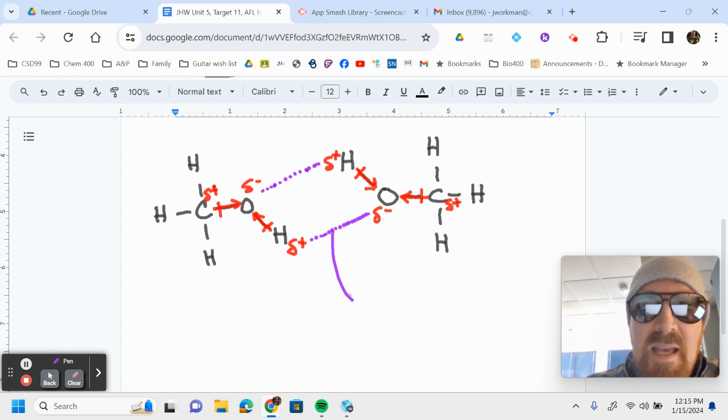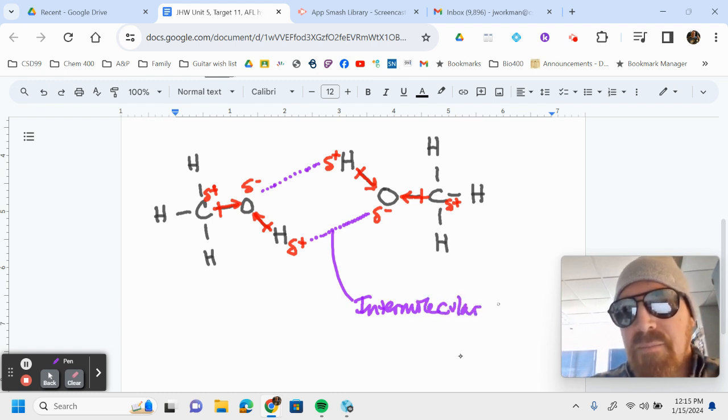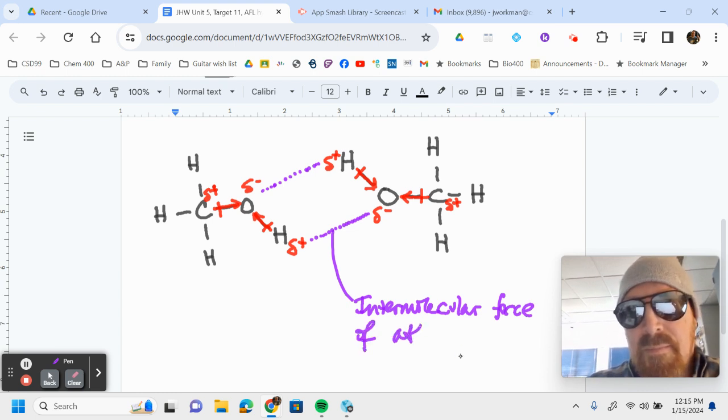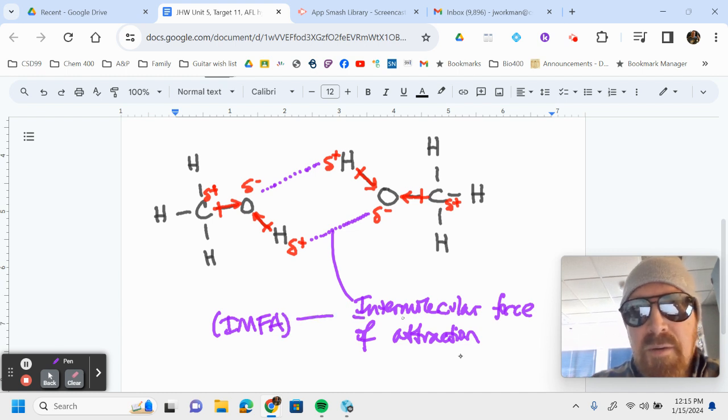Let's indicate that, right? This is an intermolecular force of attraction. Let's call it what it is. Sometimes you'll see that abbreviated IMFA, okay, for intermolecular force of attraction.